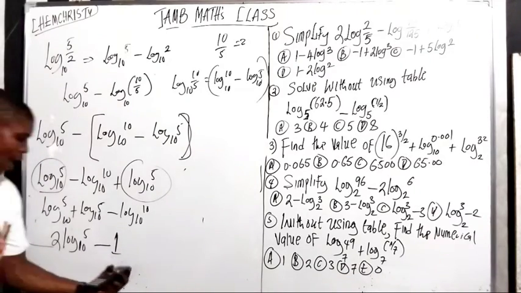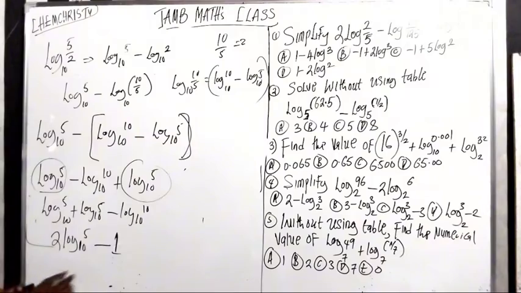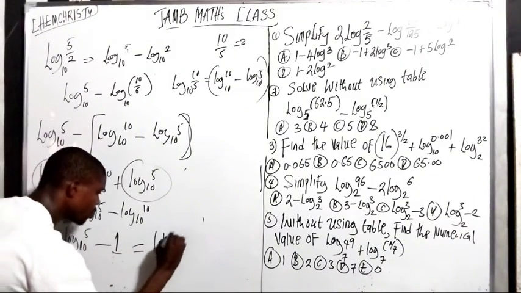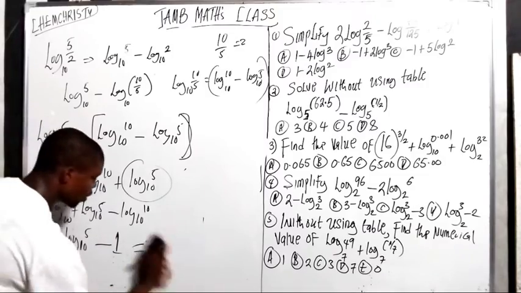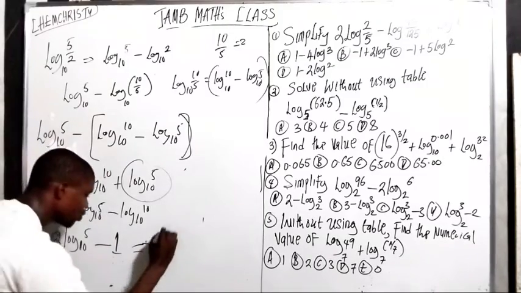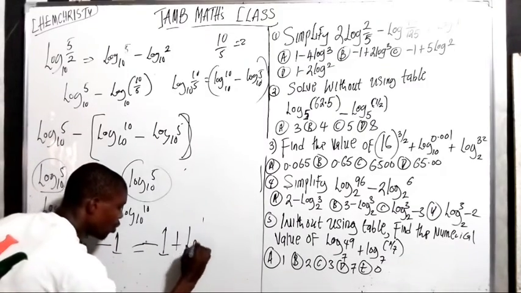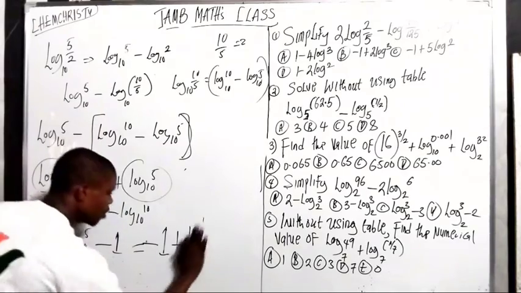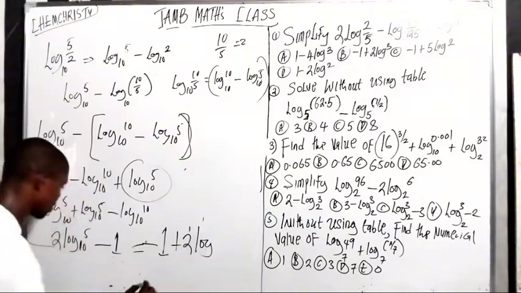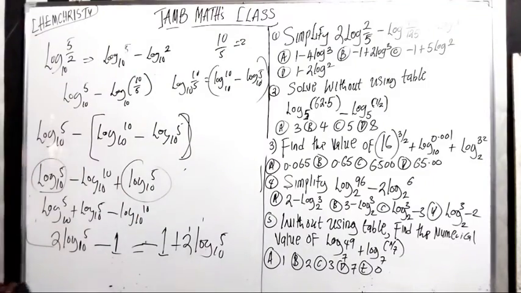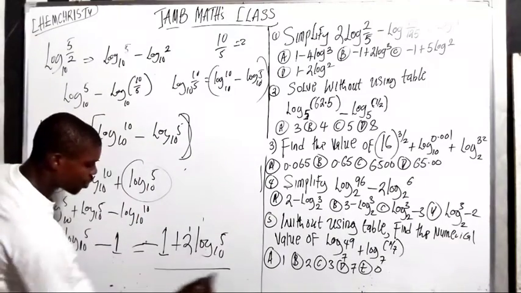Minus 1 can also be written as minus 1 plus log, so this one can also be written as minus 1 plus 2 log 10 5. This is that.